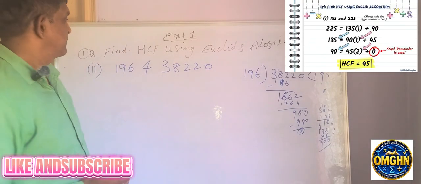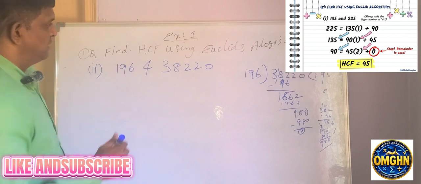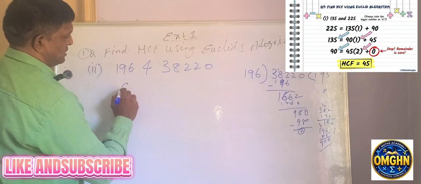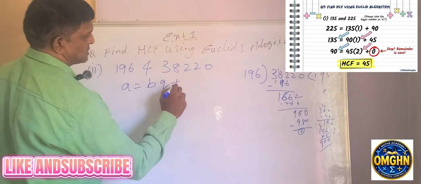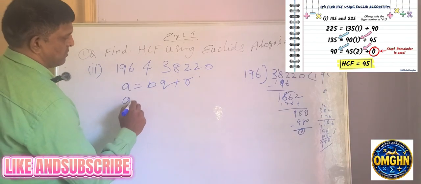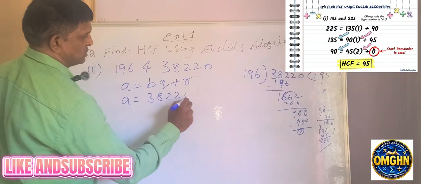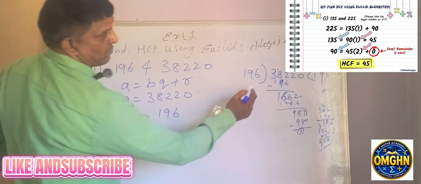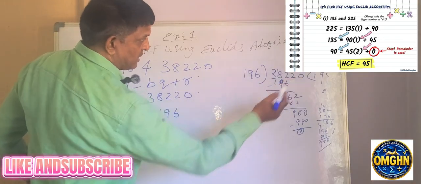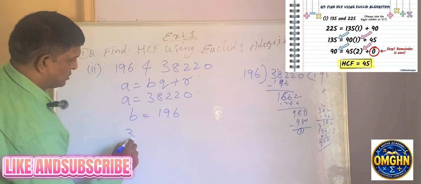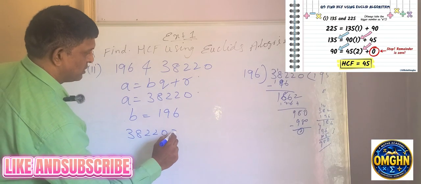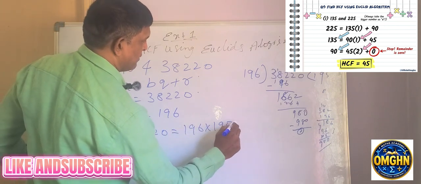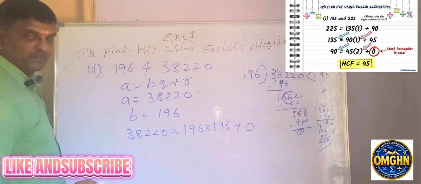Now, next question: 196 and 38220. We have to use the same Euclid's formula method, that is A equal to BQ plus R. Here A is the bigger number again, 38220, and B is equal to 196. According to the formula, we go for the division. When we divide, we get 195, that is 38220 equal to 196 into 195, and the remainder we get is 0.